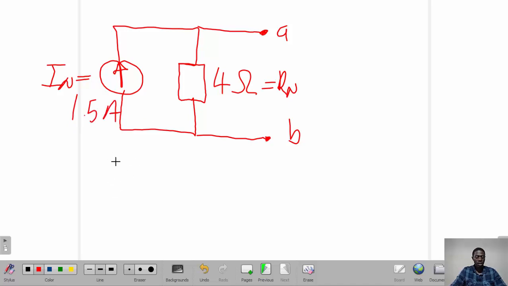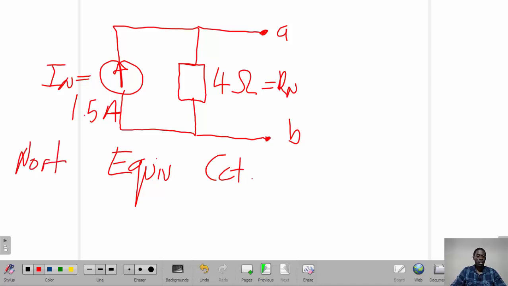And this is our Norton equivalent circuit. So this is how you find the solution. If you've been asked for further calculations, you could add the load resistor and find the current flowing through the load resistor, and so on, using this equivalent circuit.